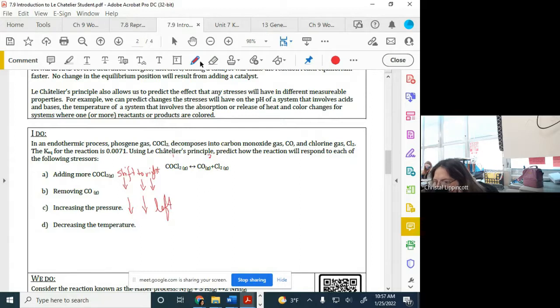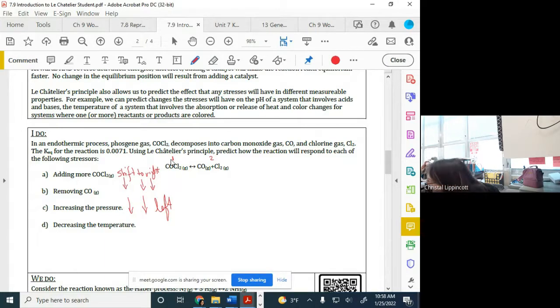All right. Now, is it just because there are more moles on one side? Yep. So this is 1 mole here, right? This is 2 moles because 1 plus 1 is 2. Yes? All right. So if I increase the pressure, it's going to want to make fewer moles of gas, which will then decrease the pressure.